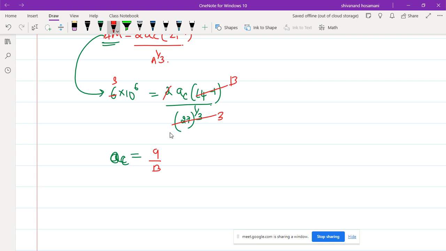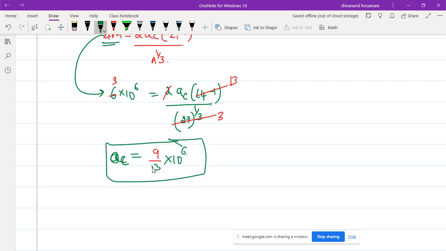Is that correct? So AC is equal to 9 divided by 30 times 10 to the power of 6.